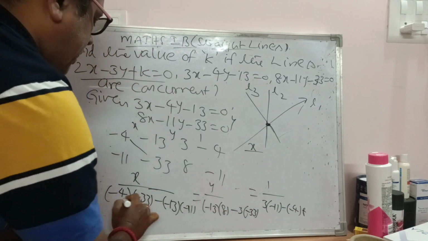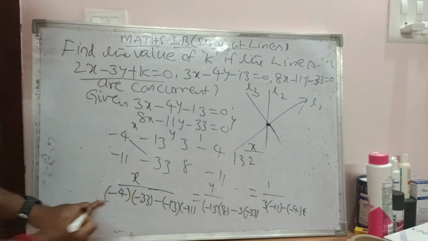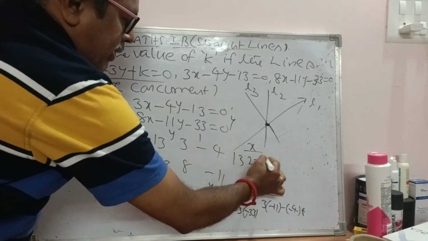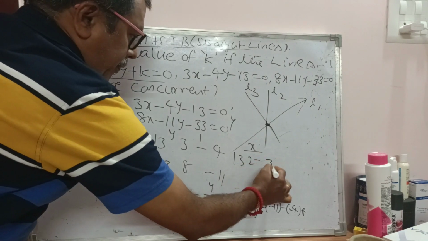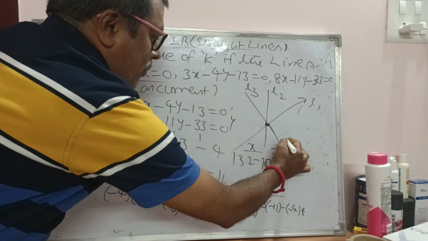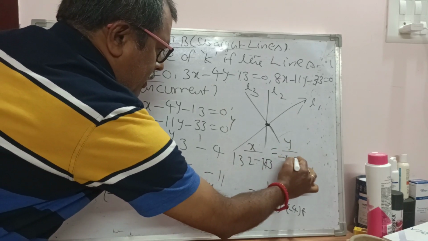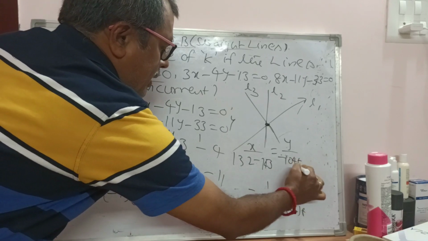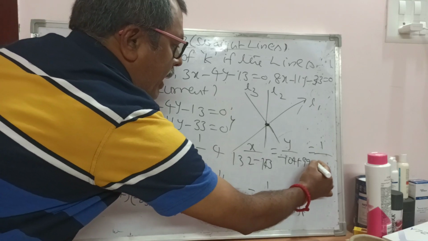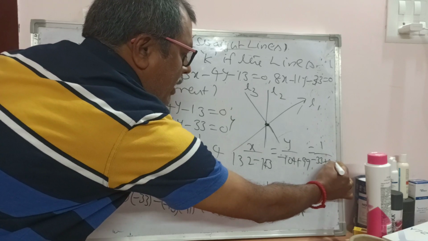Therefore, x by 132 minus 4 into 33... is equal to y by 143, is equal to y by minus 104 minus into minus plus 99, is equal to 1 by minus 33 plus 32.